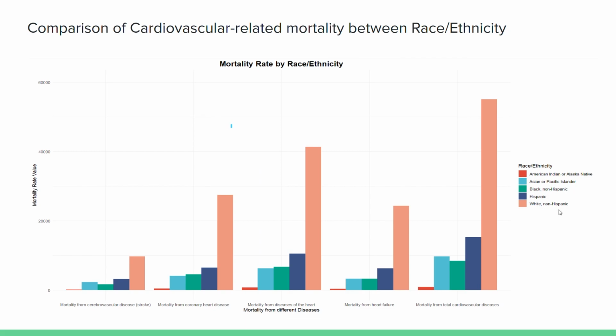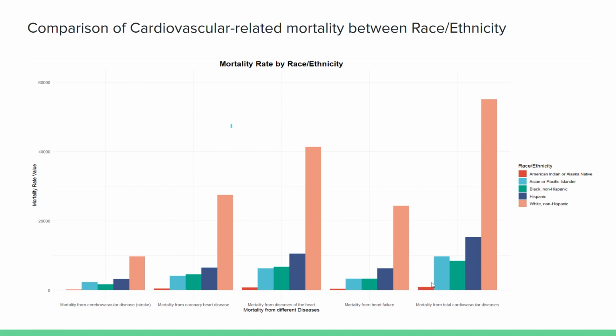The non-Hispanic race ethnicity has the highest mortality rate compared to all other race ethnicities, and with the other diseases also. So disease-wise, we can say cardiovascular disease has the highest mortality rate, and the race ethnicity is highest in the non-Hispanic race.